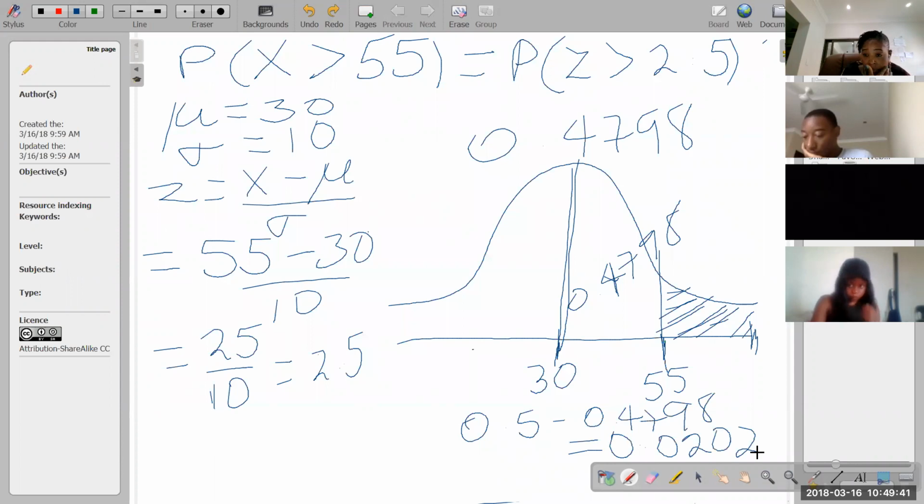Ma'am, I think that figure is wrong from the table. I think it's supposed to be 0.49379 for 2.5. Where did you get it?